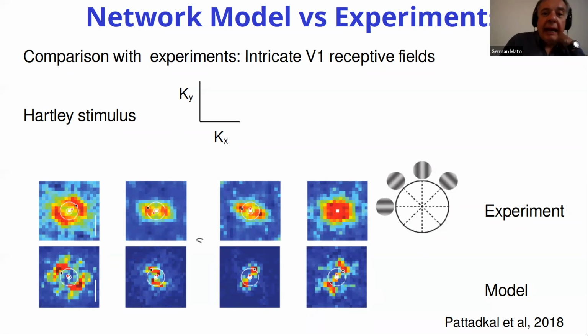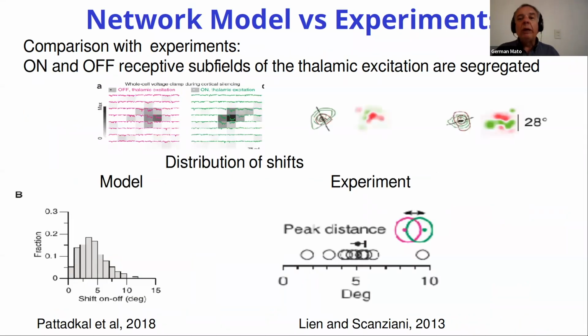Finally, we did an experimental comparison between the model and the experiment, but not looking at the response of the cells in V1, but at the thalamic input they receive. I will say a little bit later about how this can be measured, but these are experiments from Lien and Scanziani, where they can measure these thalamic excitation receptive fields.